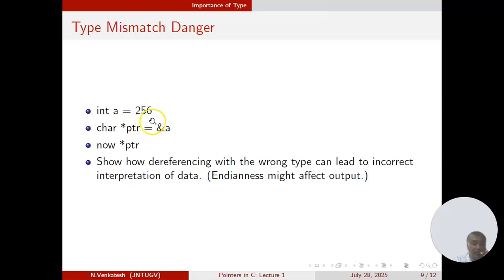Now, whether it gives 256: the maximum value that can be stored in 1 byte is 255 only. So 256 and all those will go into different bytes. And what value you will get depends on whether it is a little endian or a big endian architecture.